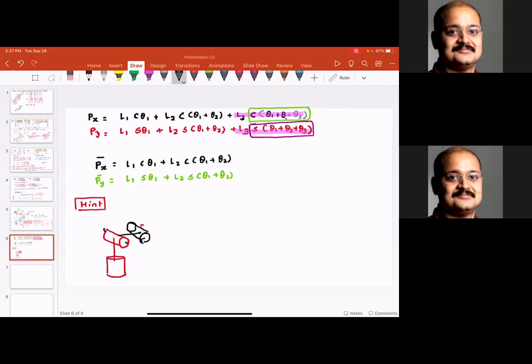And then you have one more revolute joint, right? This is the end effector. So you have R, you have R, and you have R.